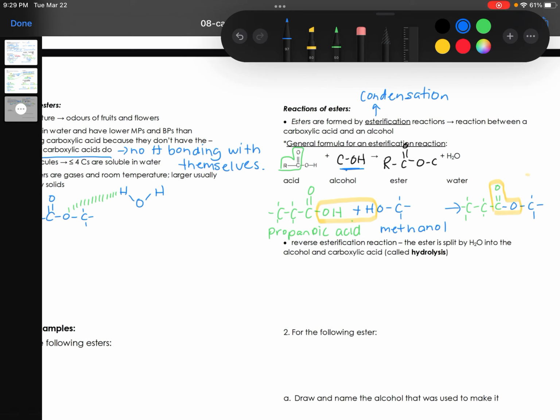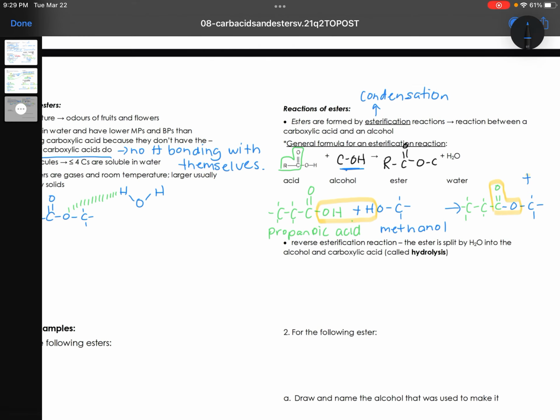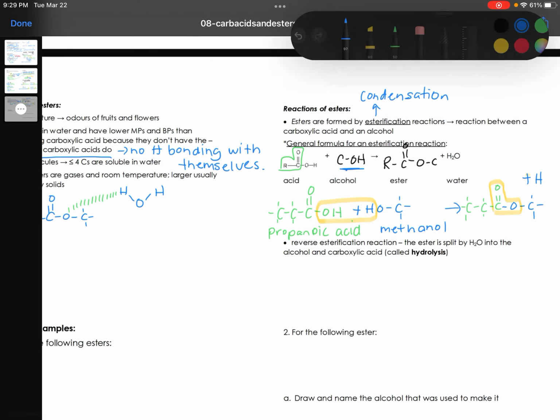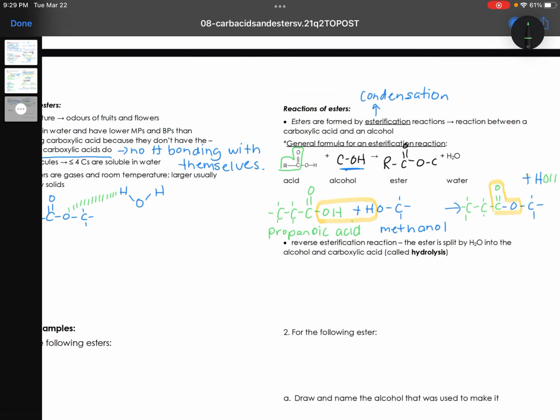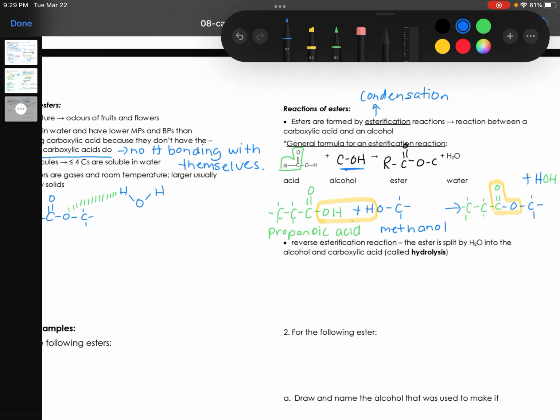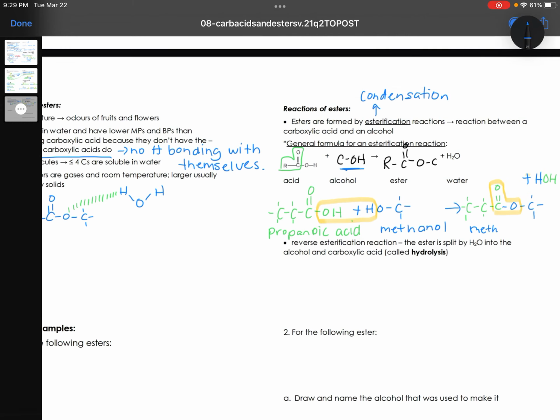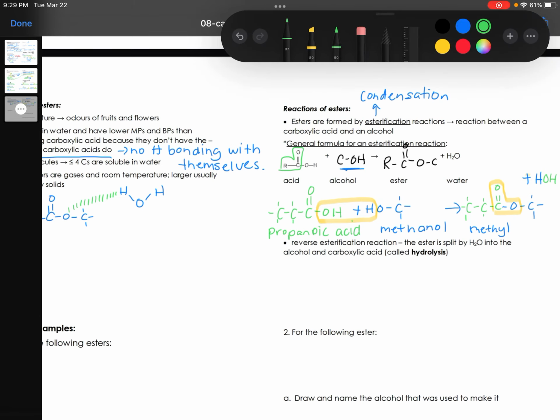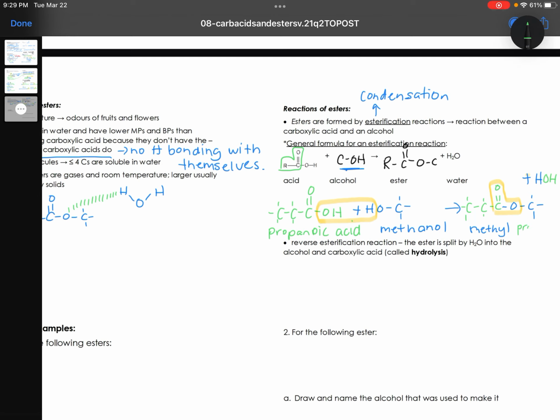And of course, don't forget, as often, we have H, OH, or if you would prefer, you can write it as H2O. So then the alcohol side of the ester comes from the single O, so that's methyl. And the double bond O side comes from the carboxylic acid, so propanoate in our example here. Sorry, I ran out of room.